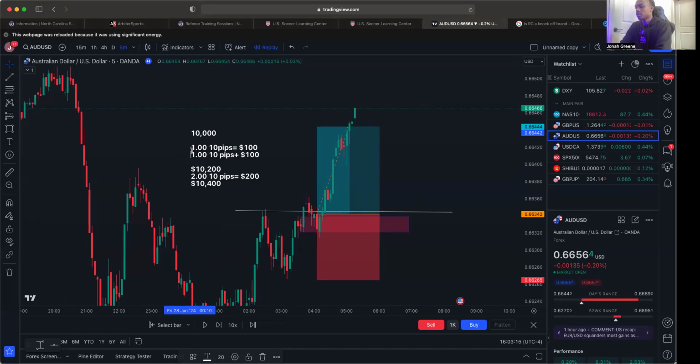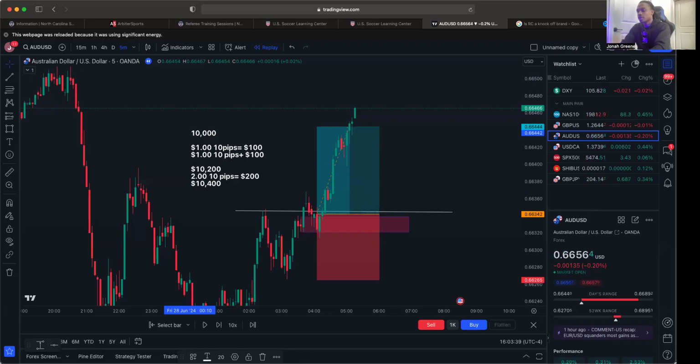And last but not least, now you're at 10,400. Now I wouldn't say keep doing it this way. I would say keep going up in lot size, but tone it down a little bit so that if you do lose, you're not just at break even again. You can be up 10 pips in profit on your account.